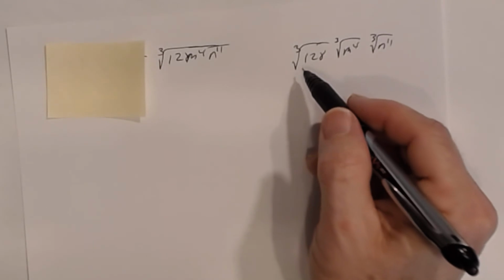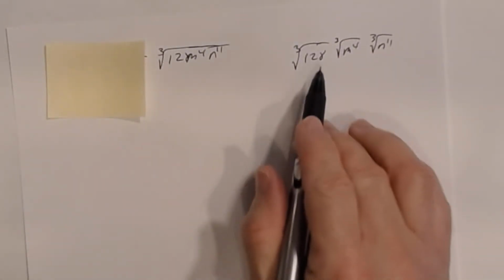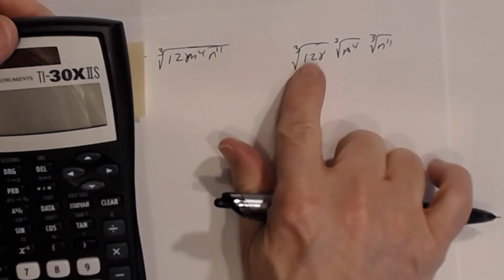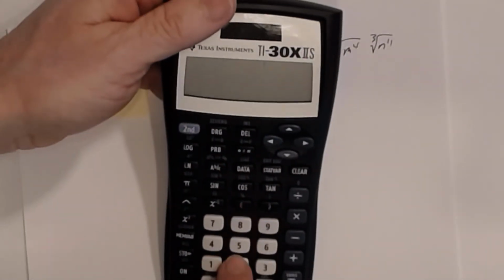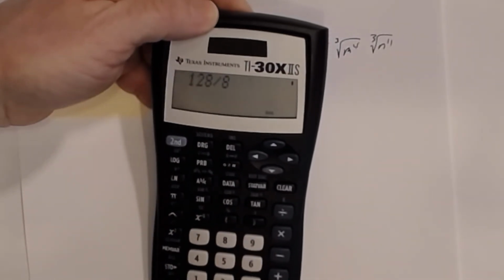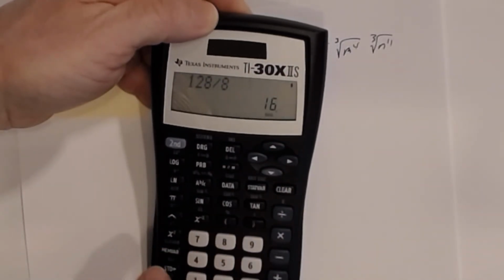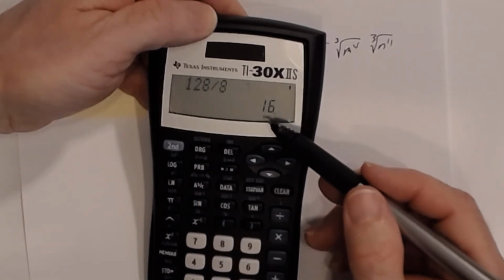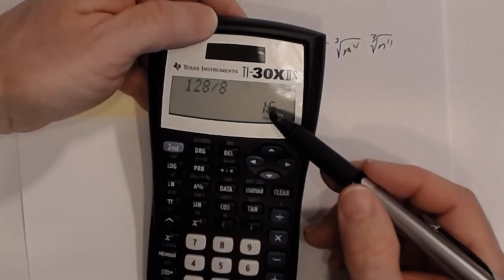Remember your perfect cubes. It helps if you use the largest. So let's look at 8. 8's a perfect cube. So let's see if this is divisible by 8. 128 divided by 8 equals 16. Now, remember though, look at that 16. Is there another perfect cube that goes into 16?